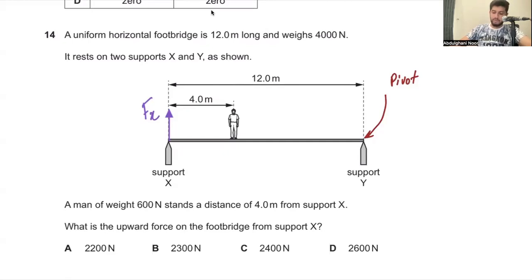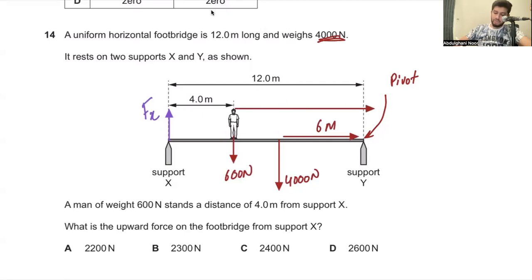Now what do I need? I need the weight of the footbridge and that is 4,000 newtons, and this 4,000 newtons is at a distance of 6 meters because this is uniform. The man weighs 600 newtons, and from the other end, जो हमारा pivot वाला end है, उससे इसका distance कितना है? 8 meters.